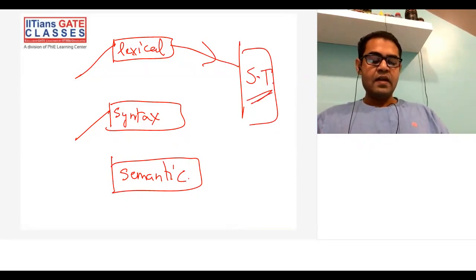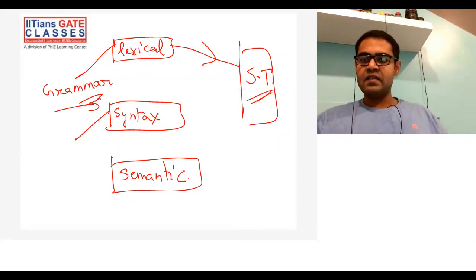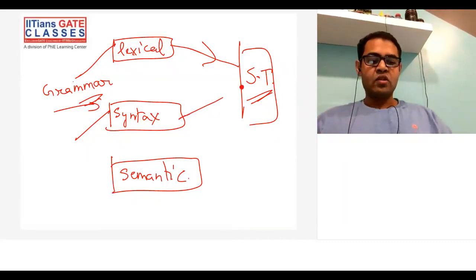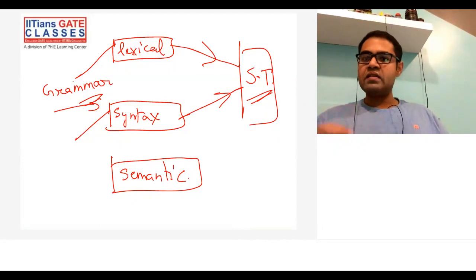Now syntax analysis. In syntax analysis, the grammar comes in. Basically, you're trying to give structure to the program, checking whether the structure of the program is correct or not. So this will also give some entries to the symbol table, depending on that structure.